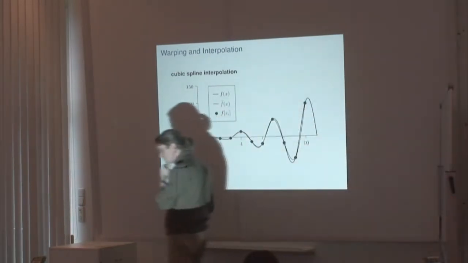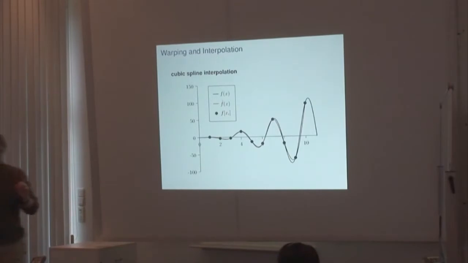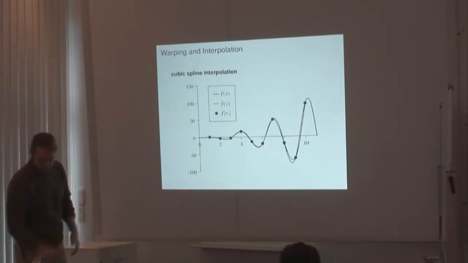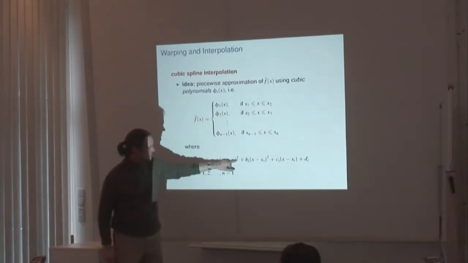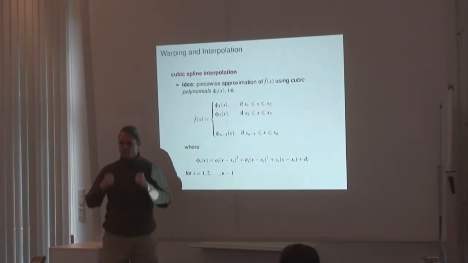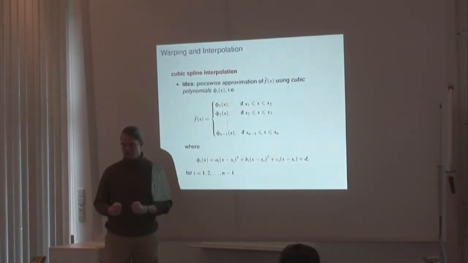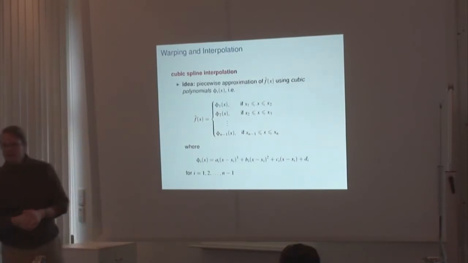Right? So for what we are going to discuss now, be aware that this idea of using piecewise polynomials of order 3 is a strong assumption we make. Why do we do this? We'll discuss that next time.